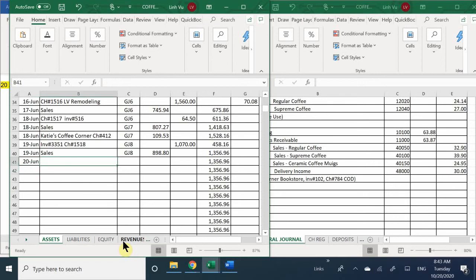How am I going to fill this out? Invoice 102. That's 784.